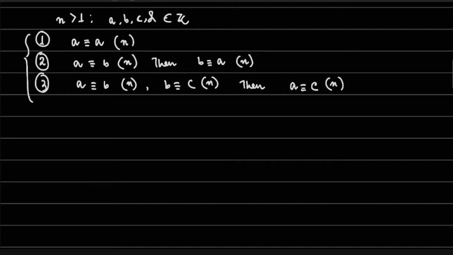Look very closely, these three statements are precisely the reflexive, symmetric and transitive properties of equivalence. That means this congruence sign, if we think of it as a relation between two integers, says two integers are related if they are congruent or equivalent to each other mod n. In the mod n world they are equivalent to each other.